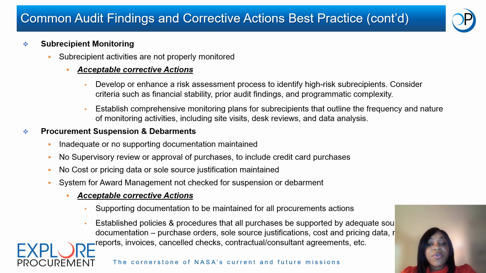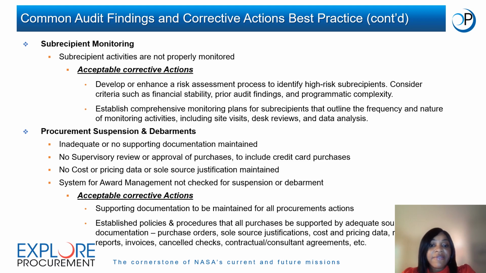The recipient should also consider criteria such as the financial stability, prior audit findings, and programmatic complexity within their risk assessment process. Secondly, the recipient should establish a comprehensive monitoring plan for subrecipients, and that plan should outline the frequency and the nature of monitoring the activities, including site visits, desk reviews, and data analysis.